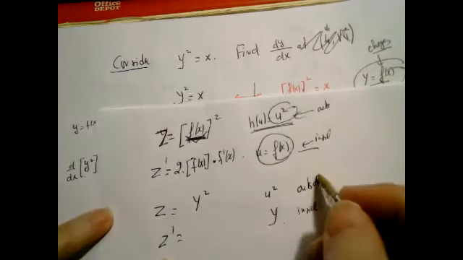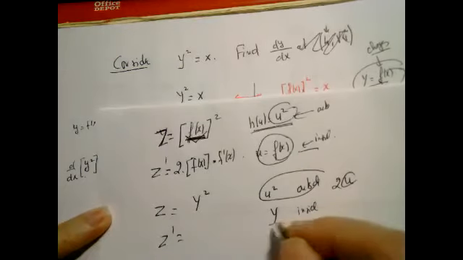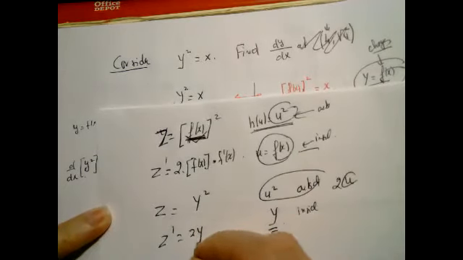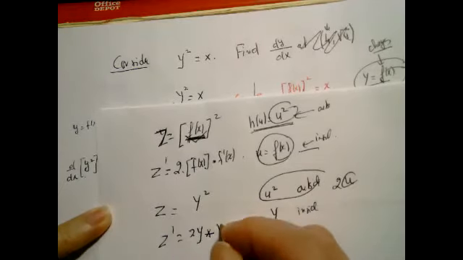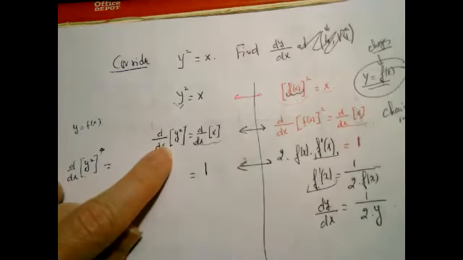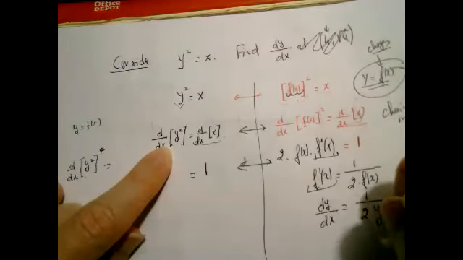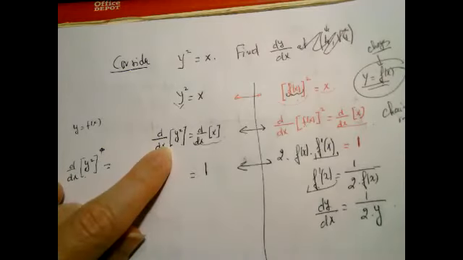So what's going to be the derivative? The derivative of the outside is 2u, but we evaluate it at the inside, which is 2y. But we multiply it by the derivative of y itself. So even if I put a y in here, I keep in my mind that y is a function of x, and this function is changing, but locally it is still a function of x.